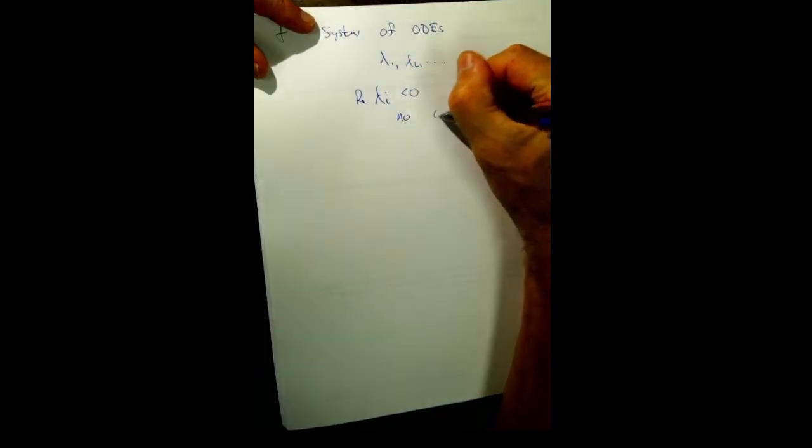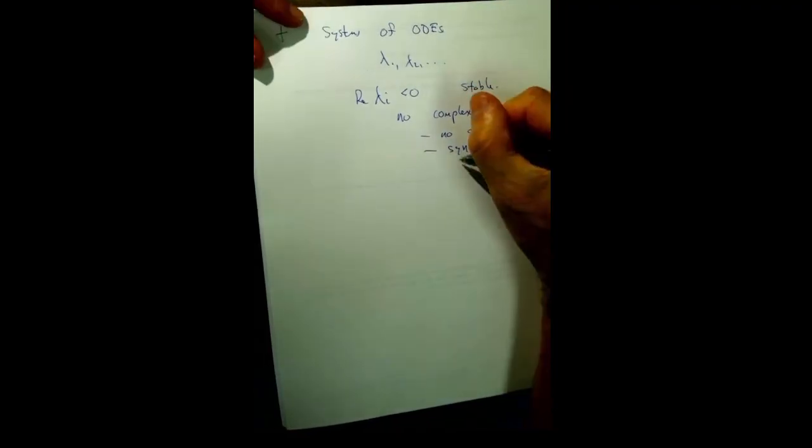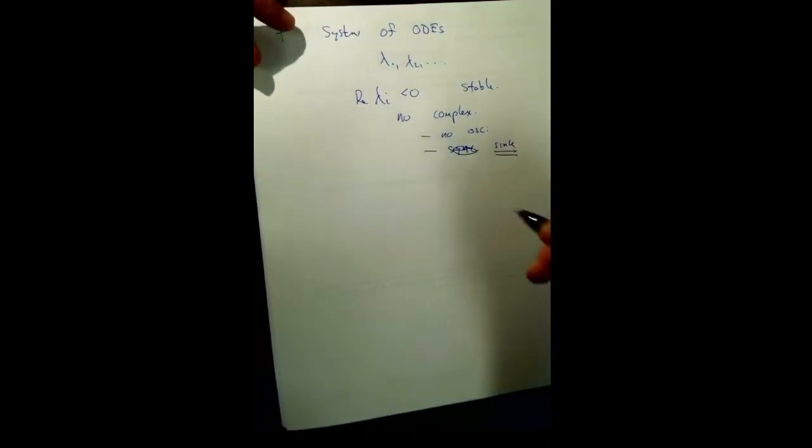If there's no complex valued eigenvalues, there will be no oscillations, and it will decay exponentially to zero, and we're going to call that a sink, like the kitchen sink.